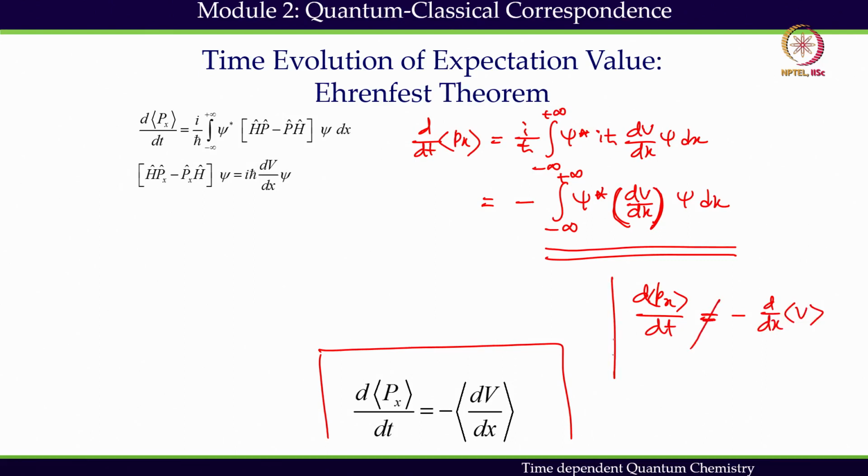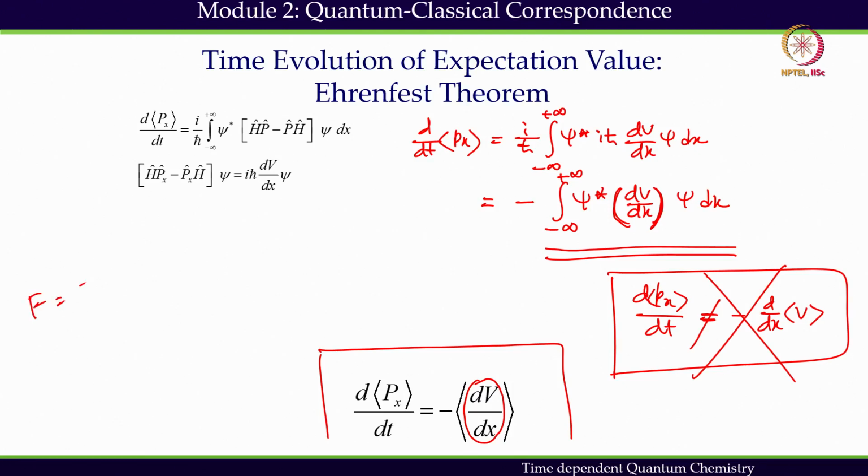The form is the expectation value of the derivative of the potential, and this is something which we study in classical mechanics very frequently. Force is nothing but the negative gradient of the potential, dv dx, that is in classical mechanics. A similar thing we are getting here in quantum mechanics.